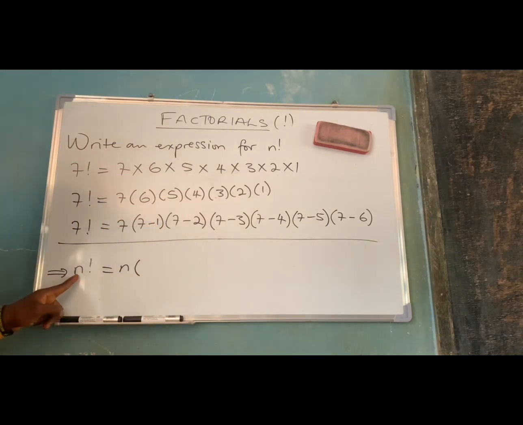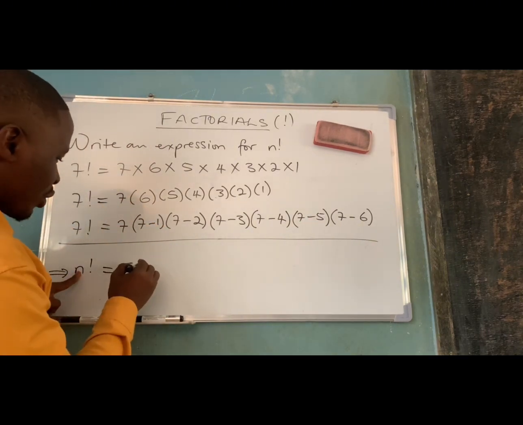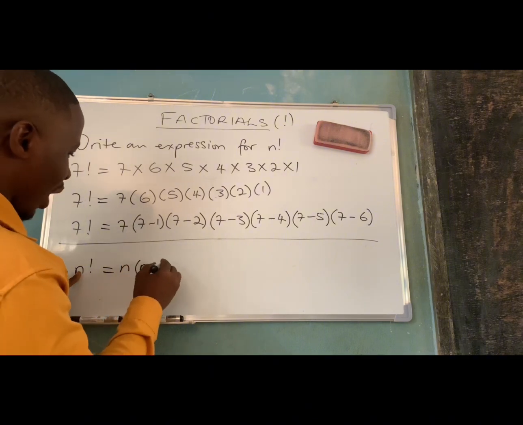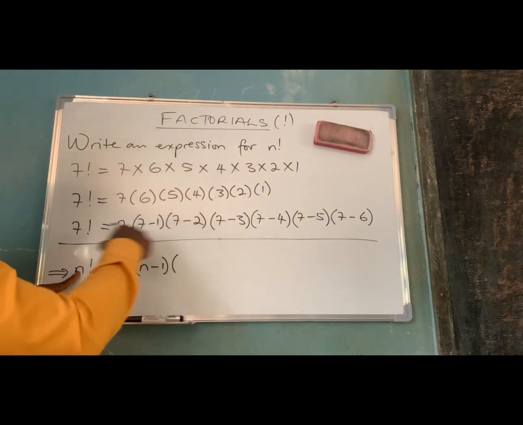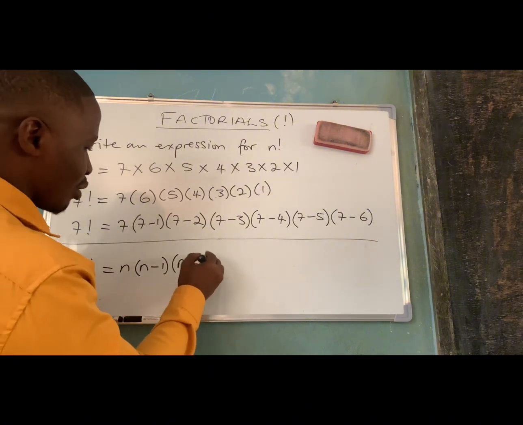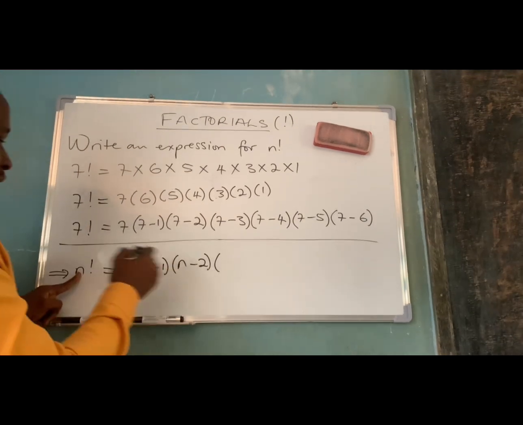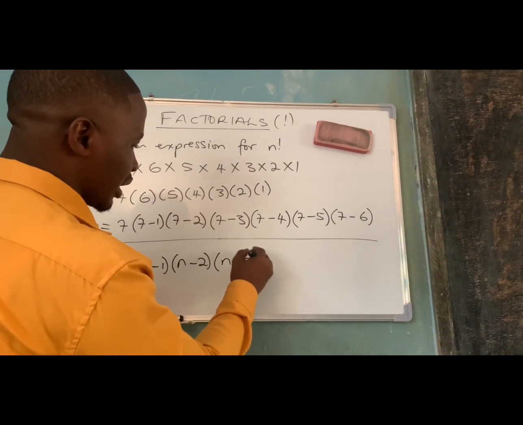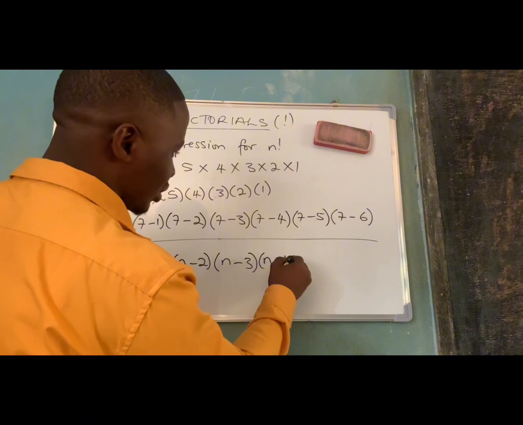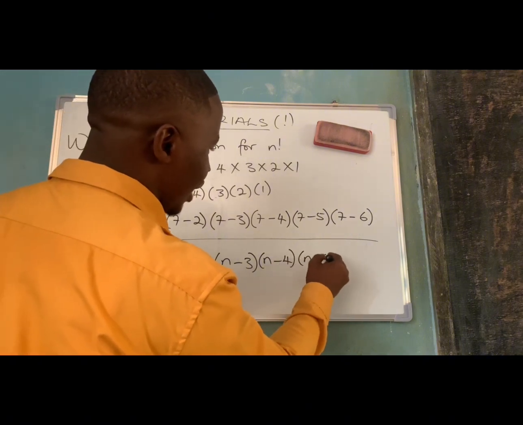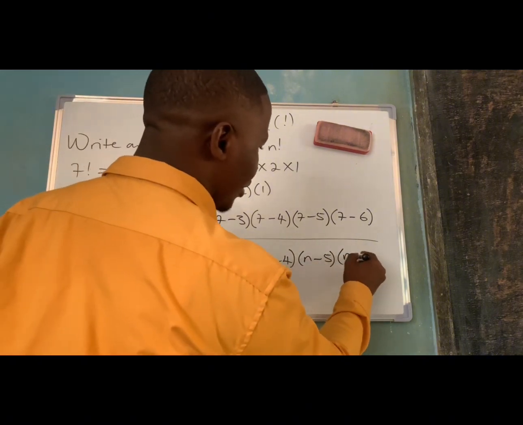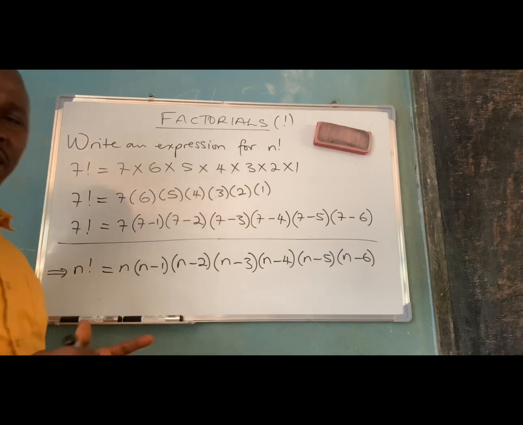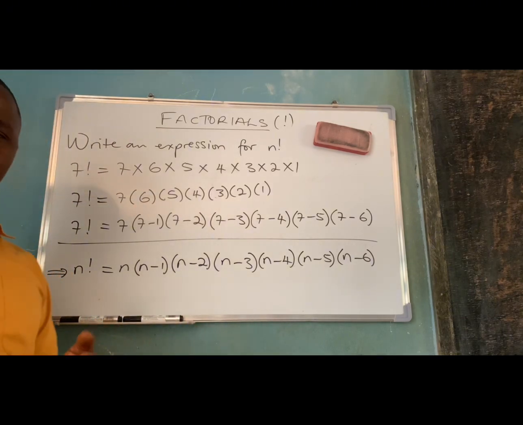So here the factorial is n. Everywhere we say n, we then say minus 1. For the next one, n minus 2. Then n minus 3, n minus 4, n minus 5, n minus 6. Alright, so this is n factorial.